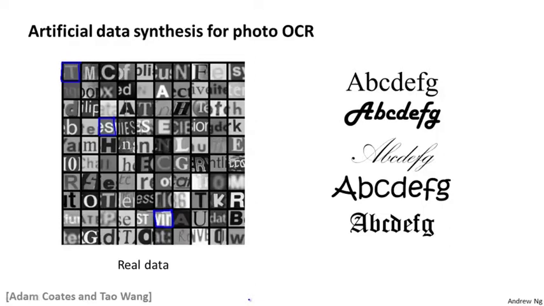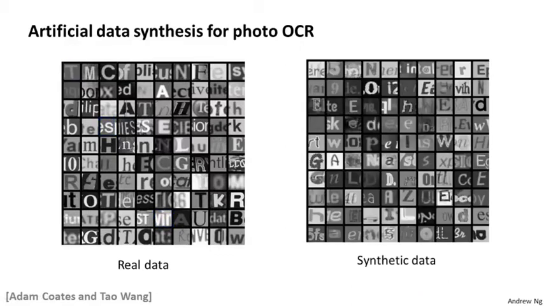So if you want more training examples, one thing you can do is just take characters from different fonts and paste these characters against different random backgrounds. So you might take this alphabet C and paste that C against a random background. And if you do that, you now have a training example of an image of the character C. So after some amount of work, it is a little bit of work to synthesize realistic looking data, but after some amount of work, you can get a synthetic training set like that.